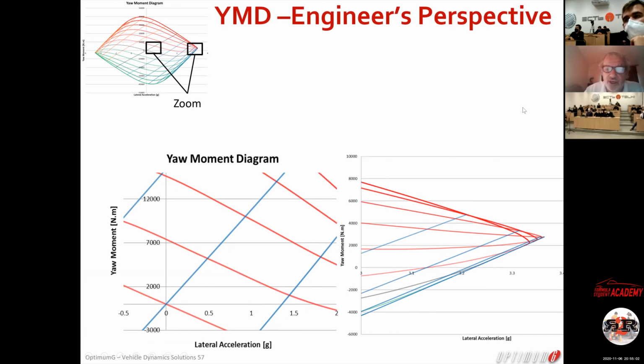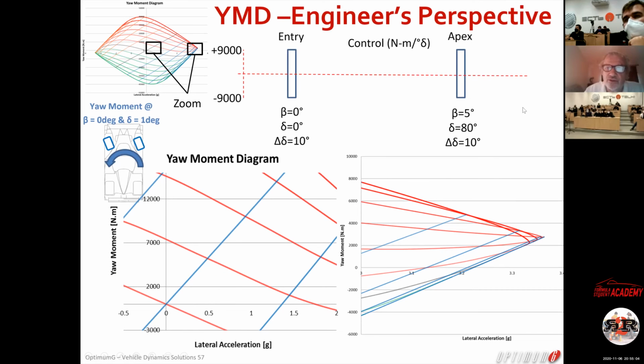Now, we are going to look at control on entry, and I'm going to go from 0 to 10 degree with the beta equal 0, and I have 5275 Newton meter, so 527 per degree, okay?